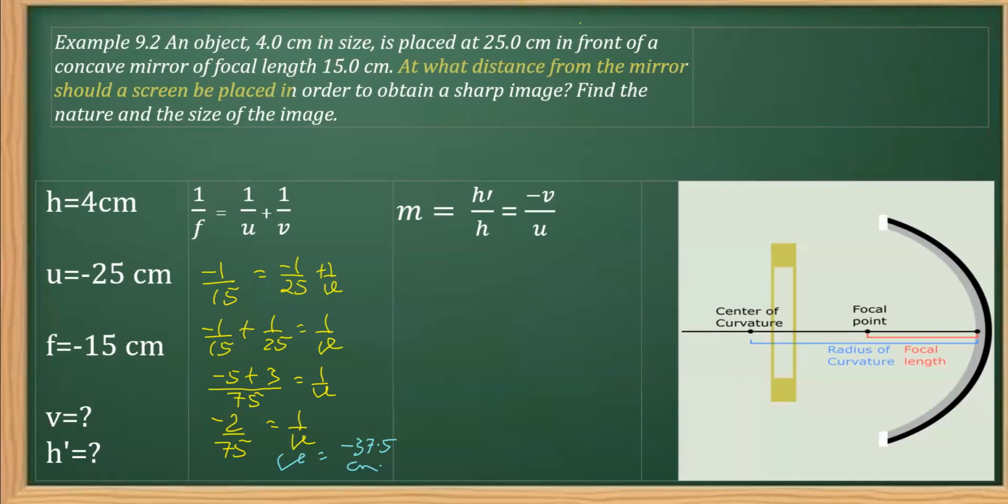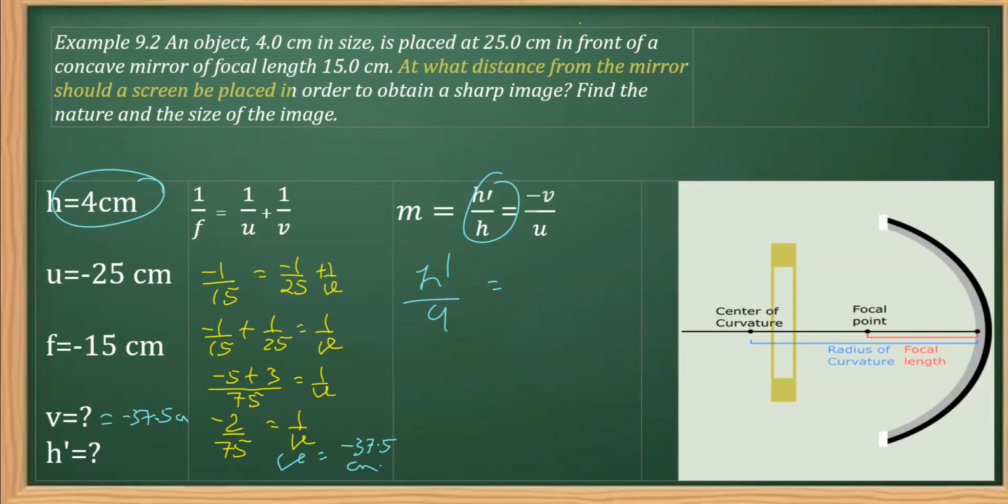Now we have to get the height of the image. To get the height of the image, we can apply the magnification formula, h dash over h is equal to minus v over u. We have h dash to calculate, and h is given as 4. This is equal to minus v over u.